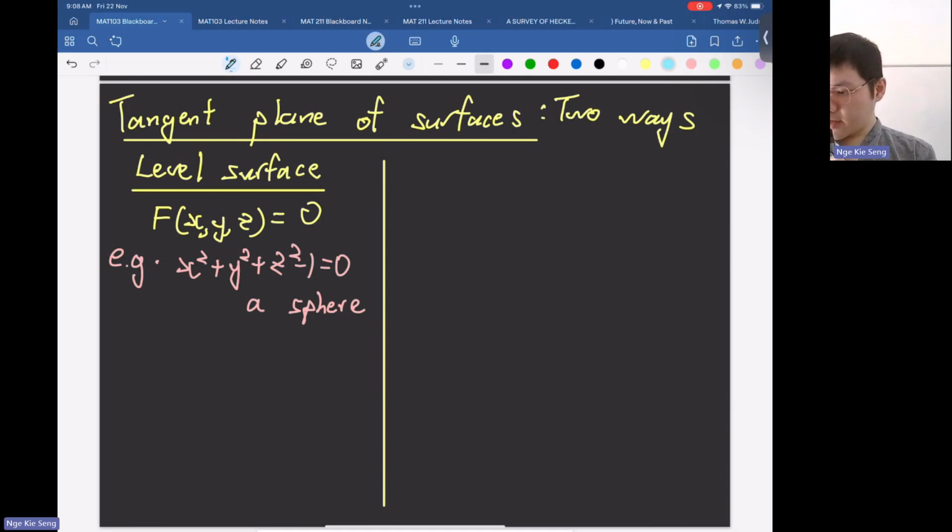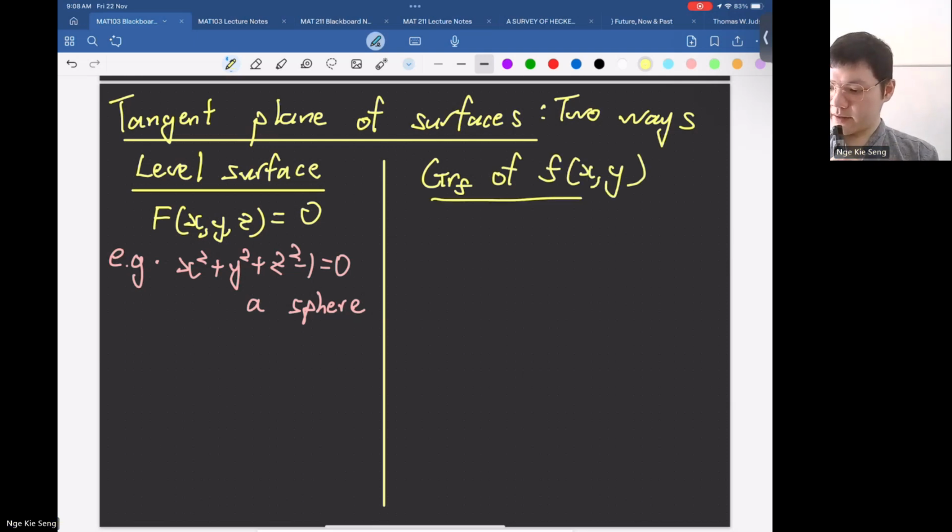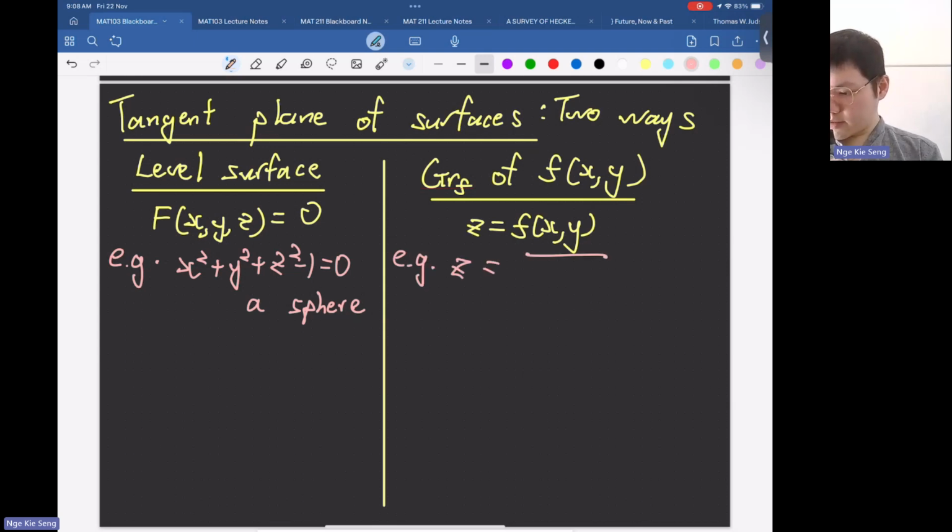And then the other way to define a surface is using a graph of a function of two variables, for example, z equals some f(x, y). For example, just the upper hemisphere.